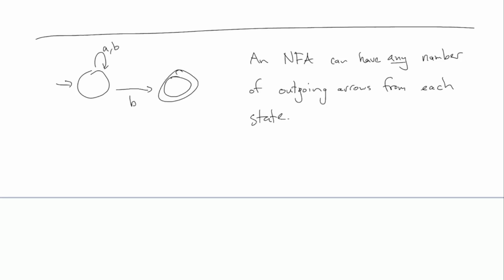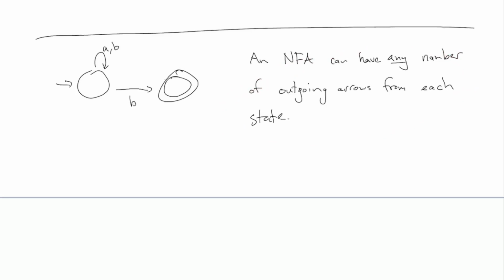Although, if you were to imagine an NFA concept with multiple starting states, it would be equivalent to these kinds of NFAs. But the ones we talk about always have one starting state. If you wanted them to have more than one starting state, it'd probably be the same concept. That's a good question. I had never thought about that. Any number of outgoing arrows from each state.